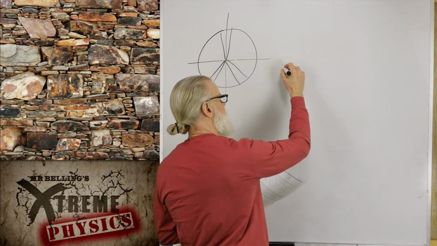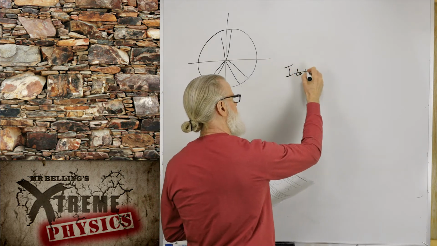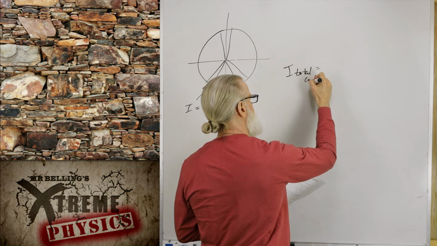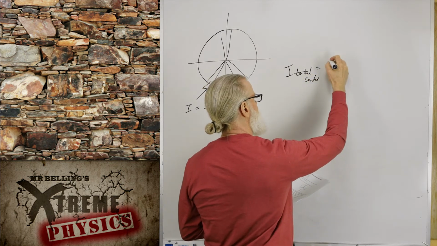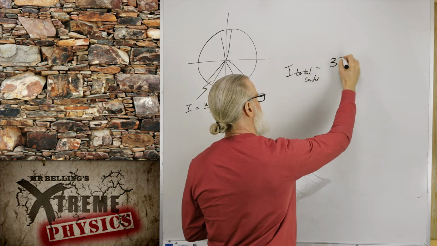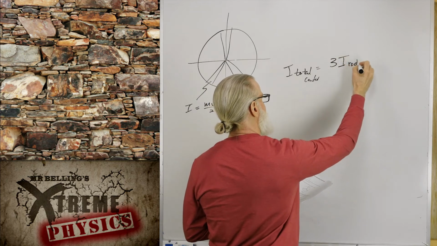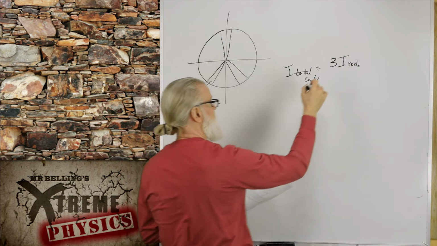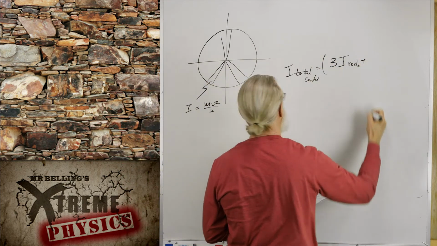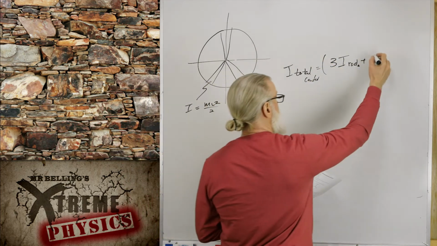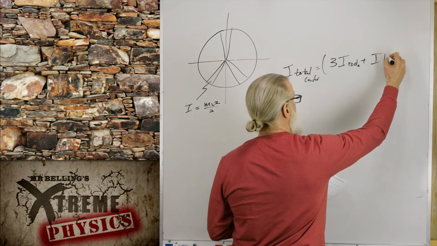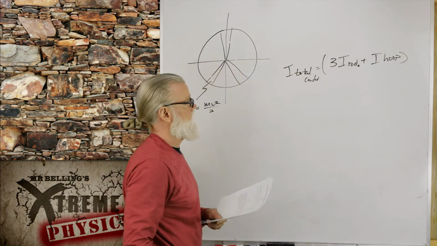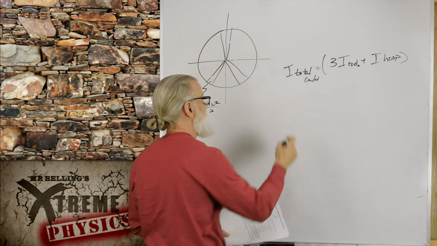So the moment of inertia total about the center equals 3 times I of the rods about their end, plus I of the hoop, right? Each one of these added up some inertia, so that's what we got. That's I total.